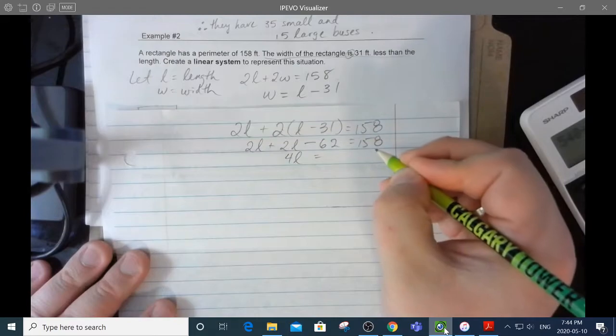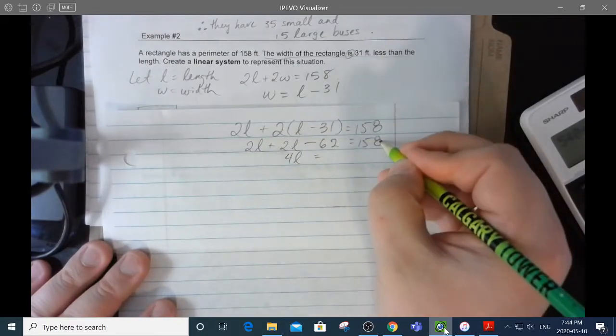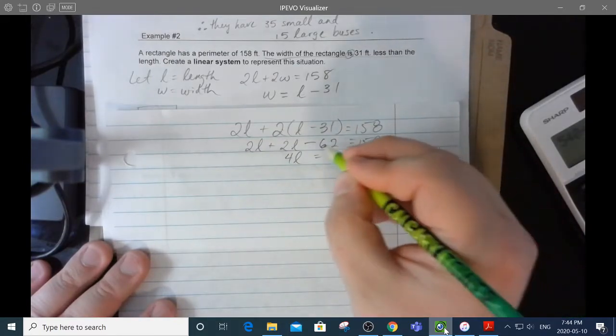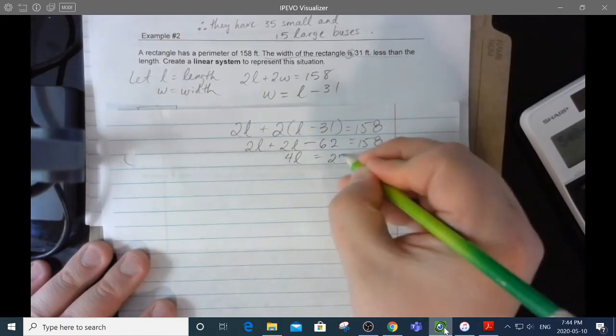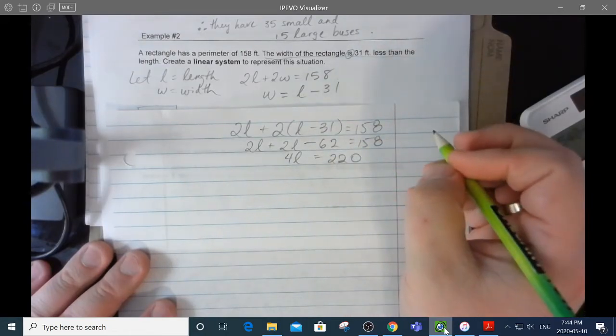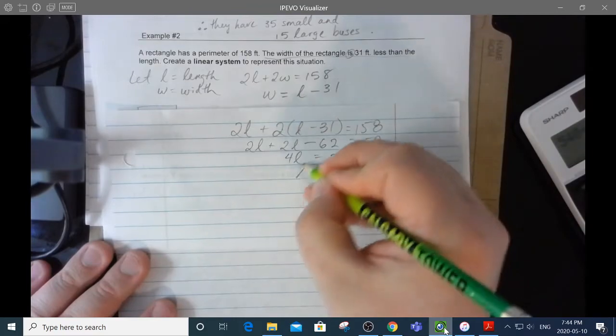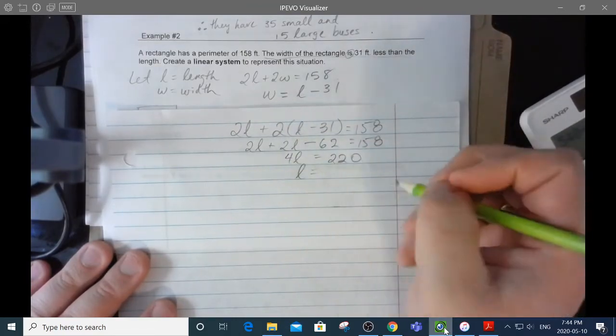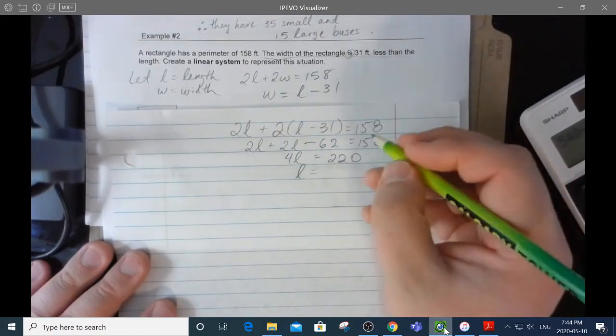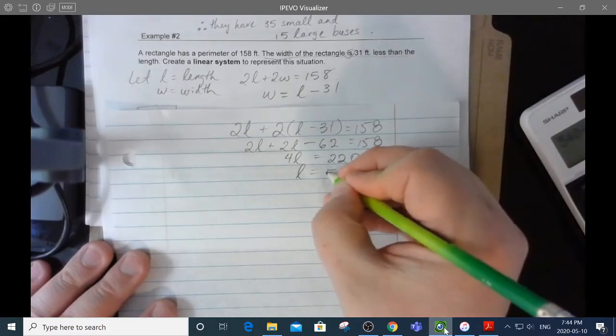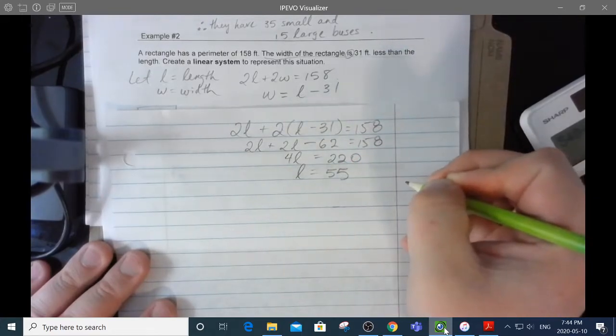So 4L is equal to, let's see, 158 plus 62, which is 220. Somebody better double check my mental math on that. Yeah, I think so. So 4L is equal to 220. 4 goes into 220 55 times.